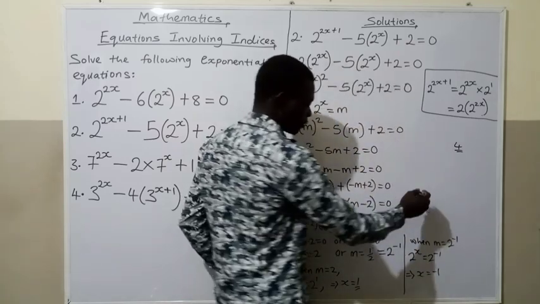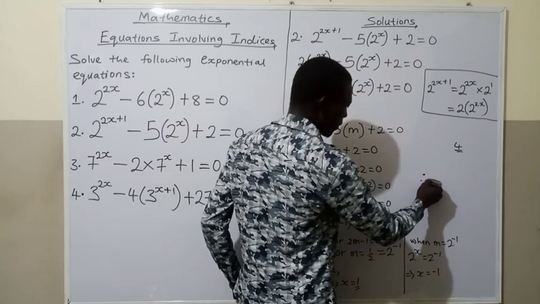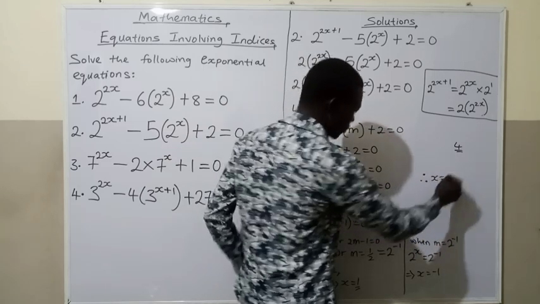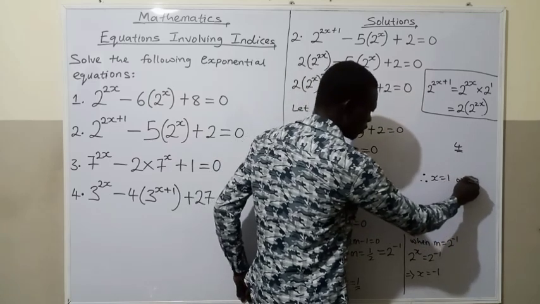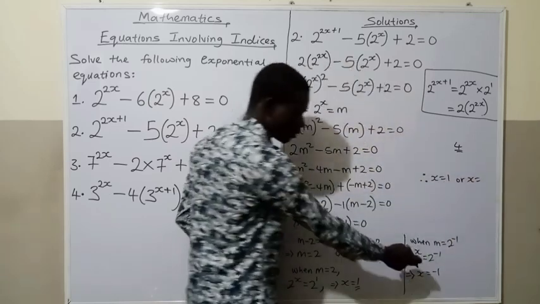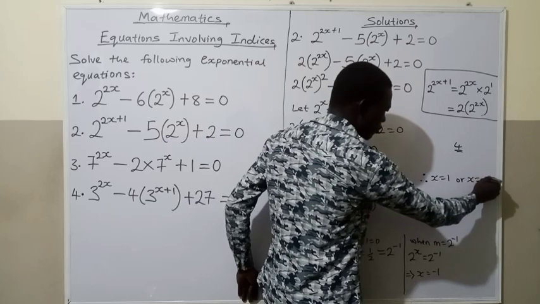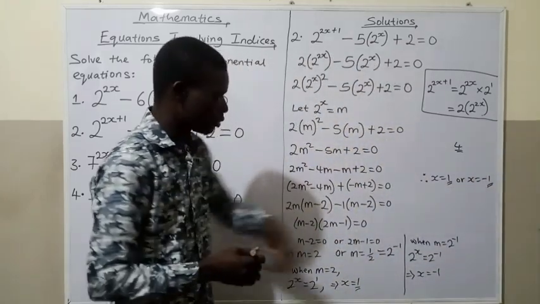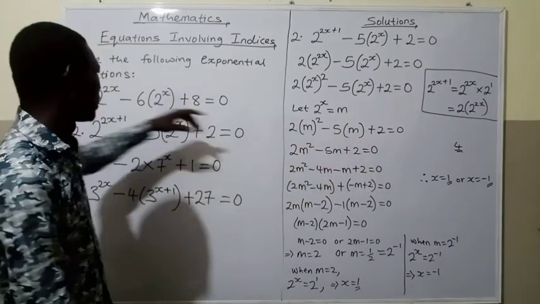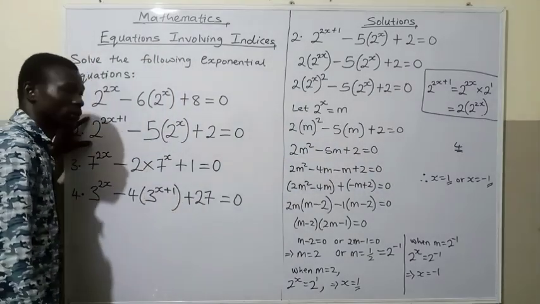Minus 1. So in conclusion, for the first solution, x is equal to 1, or for the second solution, x is equal to what? Minus 1. So these two solutions are the values of x that satisfy this particular question.